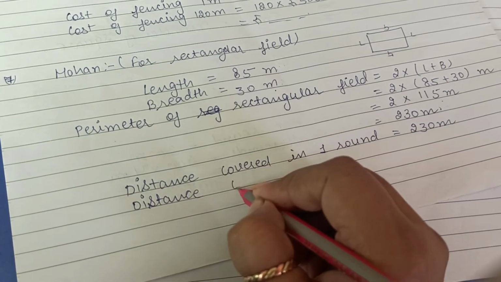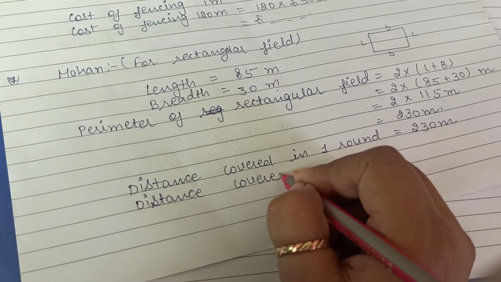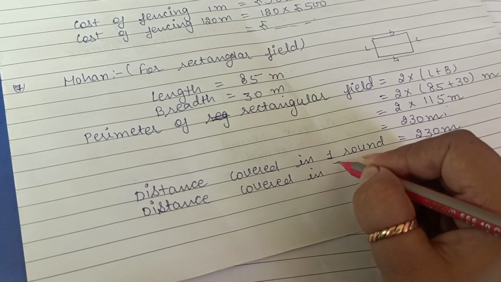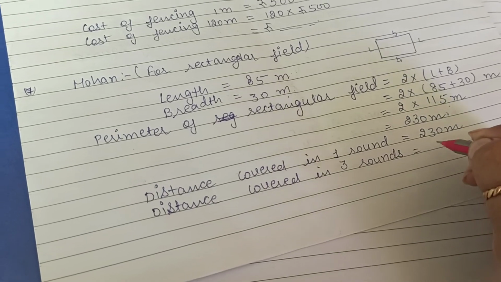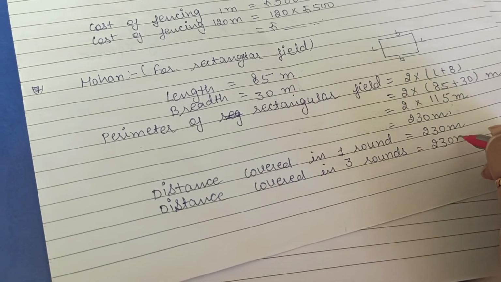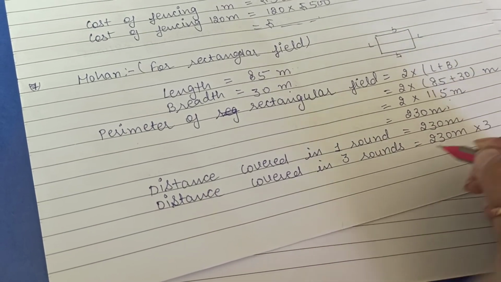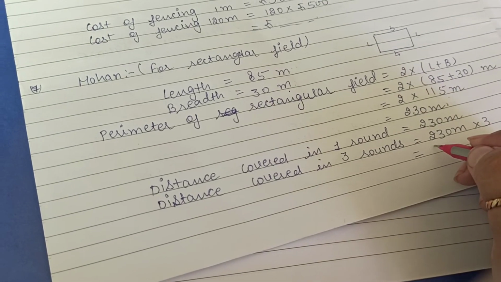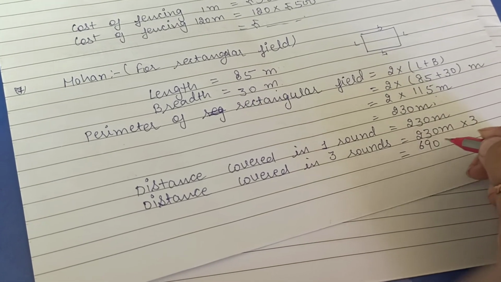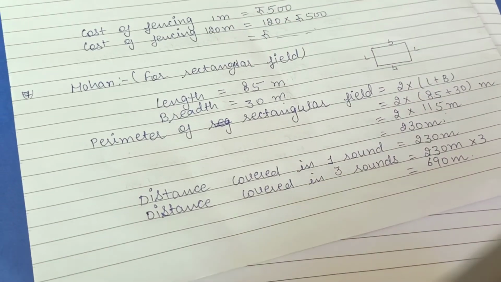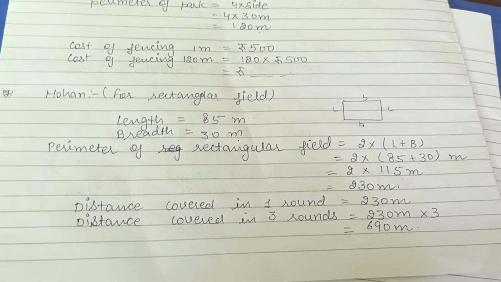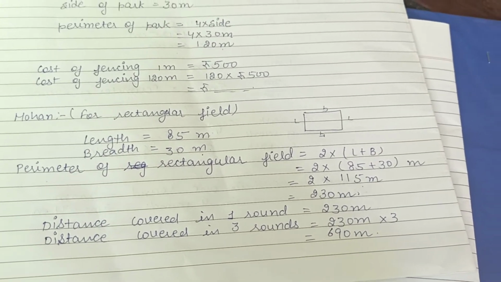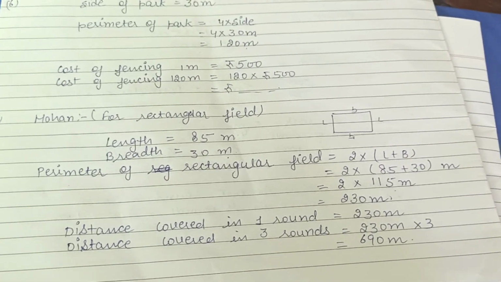So distance covered in 3 rounds is 230 meter multiplied by 3. So it becomes 690 meter. So how much distance did Mohan cover? Mohan covered 690 meter.